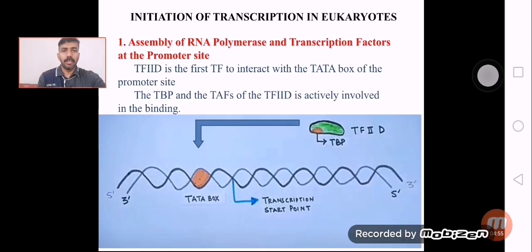That is the first element binding over the promoter region. In most situations, the TAFs also facilitate interaction of the proteins with the promoter region. And even in a promoter without a TATA box, the TAFs will support the interaction.